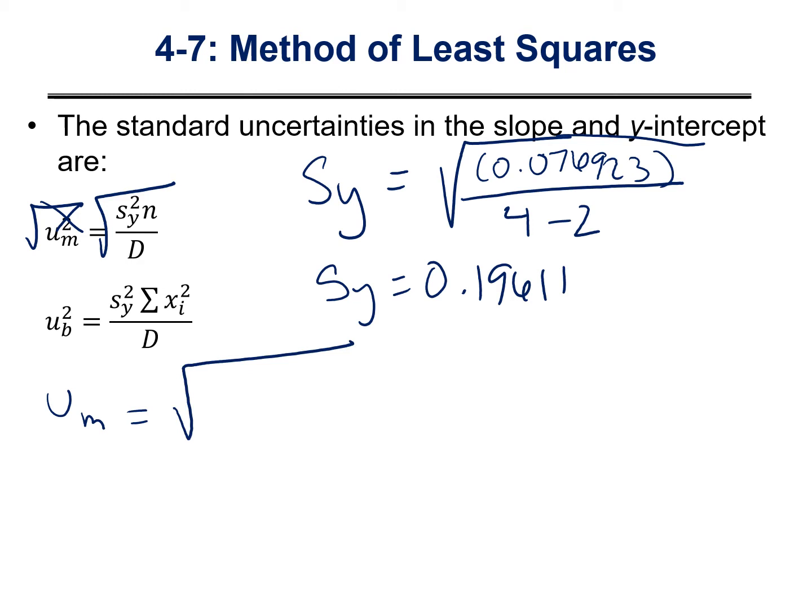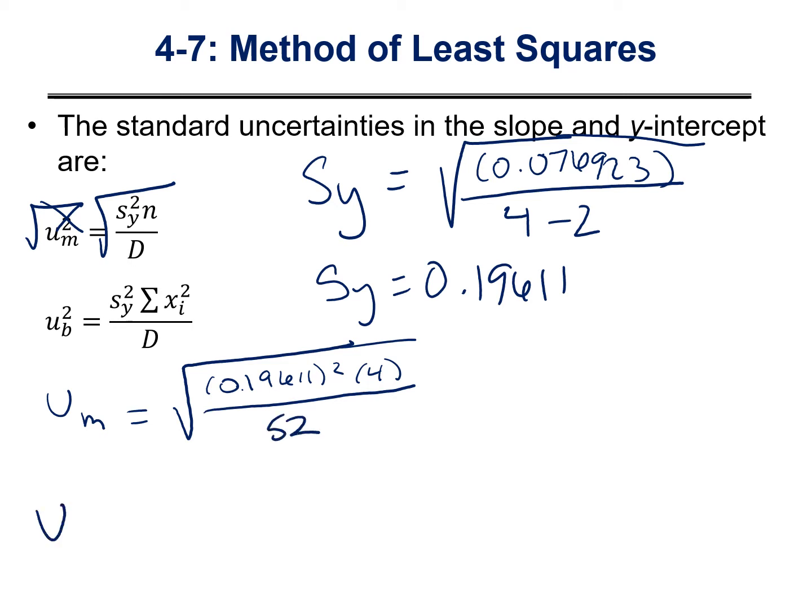So that's going to be 0.076923, because we solved for sy, times n, which was 4, and divide that by d, which was 52.